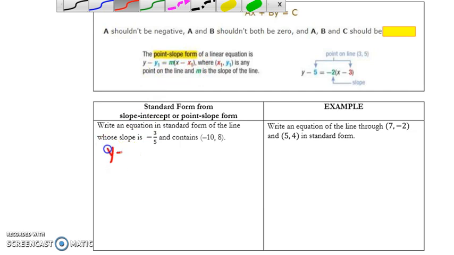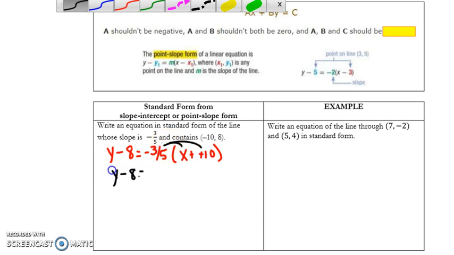We're going to do y minus our y, which is 8, is equal to our slope, which is -3/5, and then parenthesis x minus -10, which turns into a positive. So now what we're going to do is first just go ahead and distribute everything. We'll get rid of the fraction in just a second.